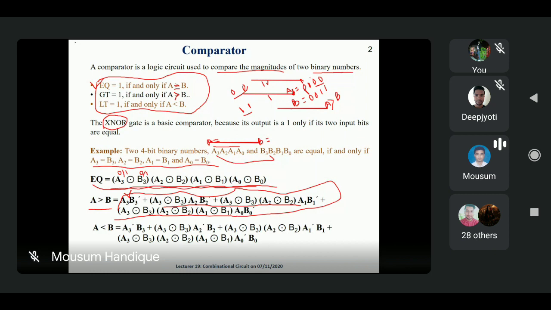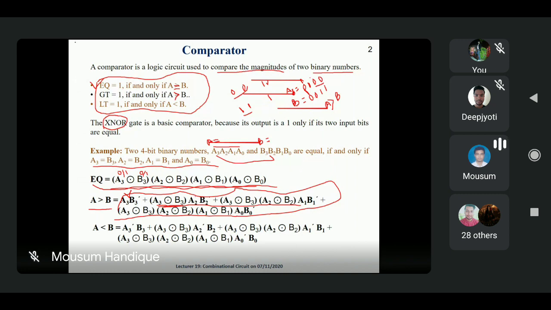Suppose A3 and B3 are the same. Then we can just put the XNOR gate here. That means A3 and B3 are same. But what about the others? A2 is not equal to B2, because A2 is 1 and here it is 0.